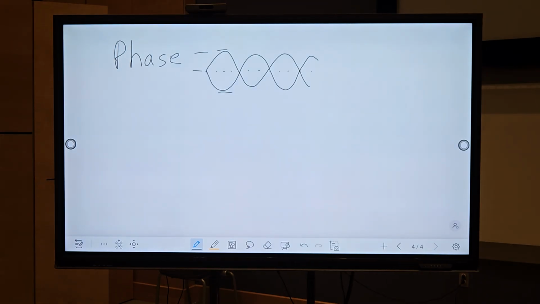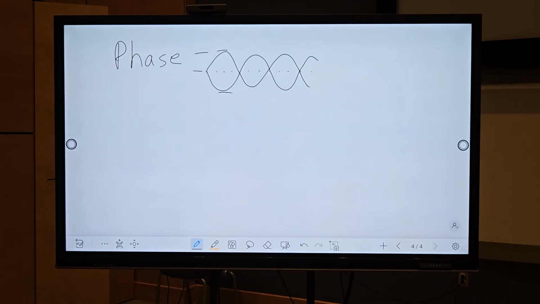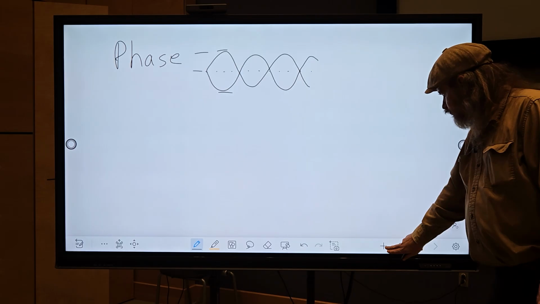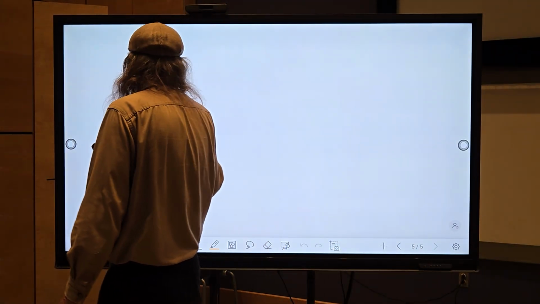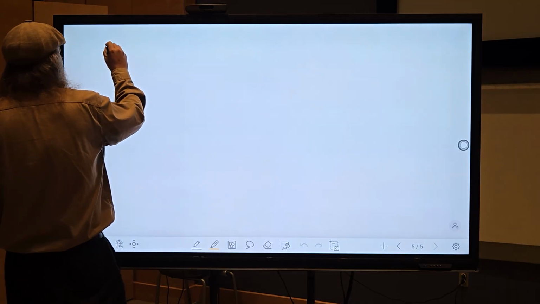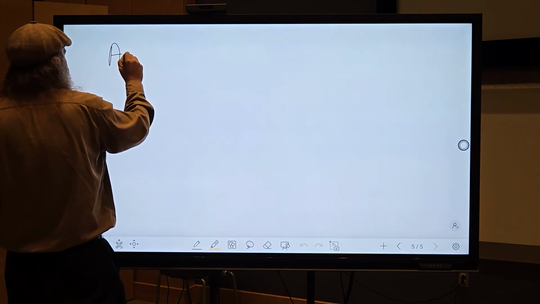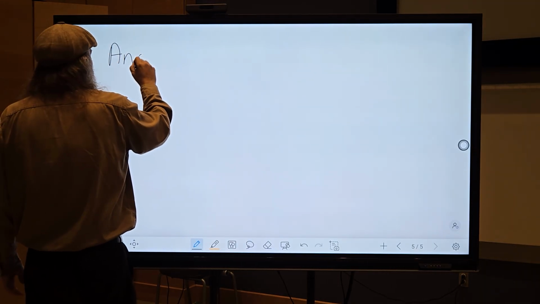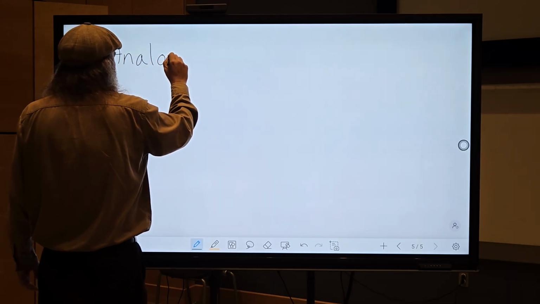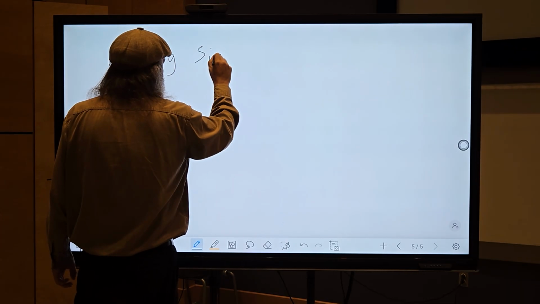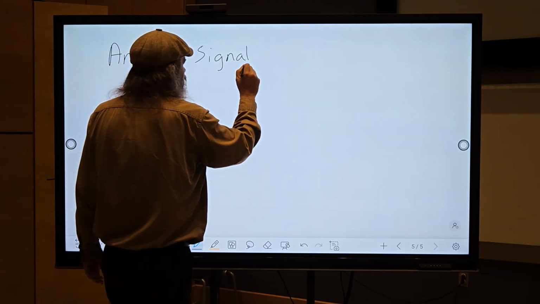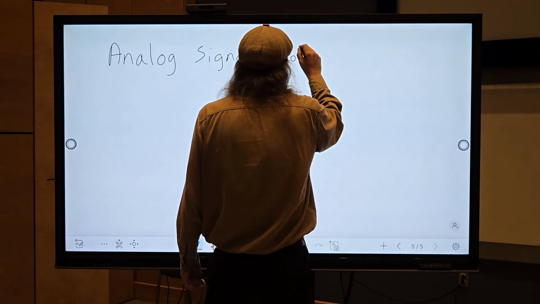All right, let's see here. Now, the DC and the AC give rise to two different types of signals. AC, since we're discussing that, is an analog signal. Voltage fluctuates.